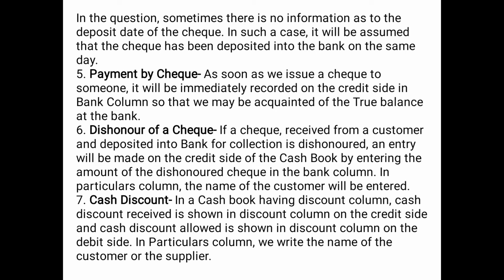That means the cash discount which is allowed by the business to the customers at the time of receiving the payment will be shown on the debit side. In the particulars column, we write the name of the customer or the supplier. If we are giving the discount, the name of the customer is written. If we are receiving the discount, the name of the supplier is written.